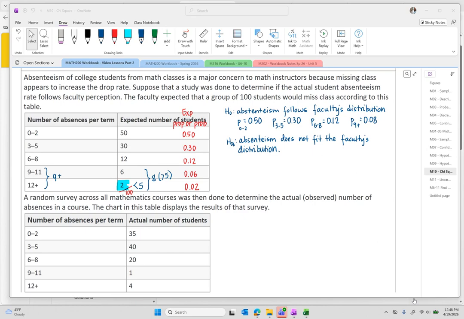Now, however, the test statistic, the chi-squared score, will be the sum of the squares of the differences from the expected ones. Even if the differences are negative or positive, when we square them, they will become positive anyway.